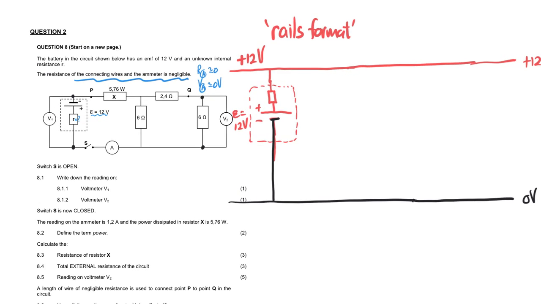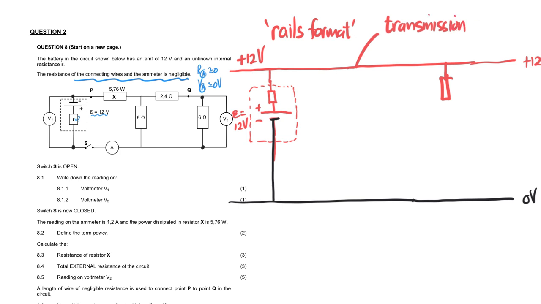Now, so we go out, and we see here that we encounter a resistor. So all resistances, all loads, get placed between the rails, between what we call the transmission rail. And by the way, this is the way they build electrical systems and circuits in the real world.